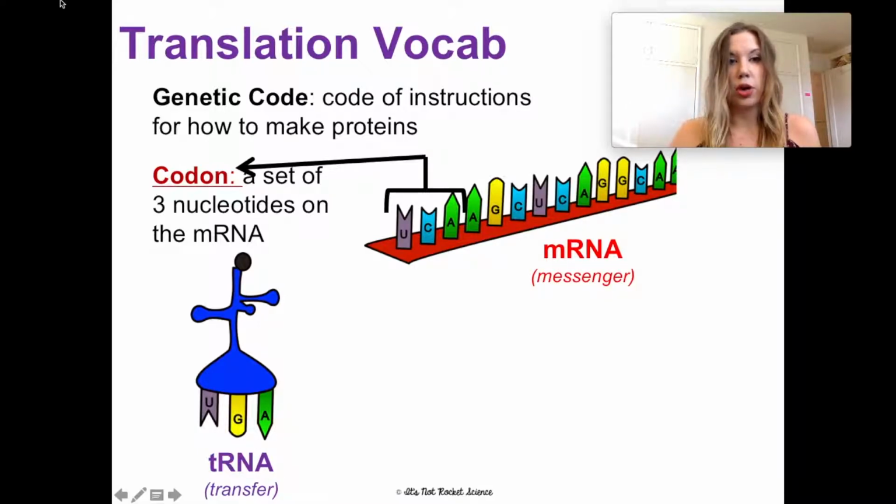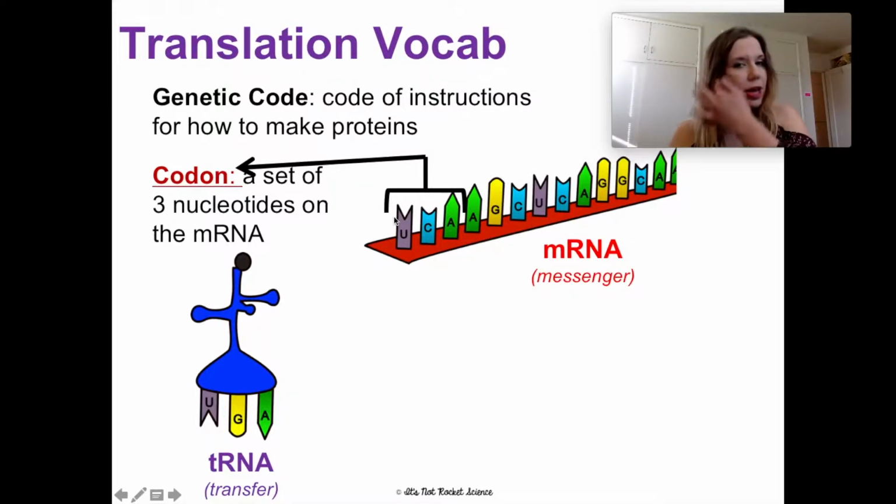So next term, codon. A codon is a set of 3 nucleotides on the mRNA. So when we say code of instructions, this whole section, translation, is about what exactly we mean by that. There are 20 amino acids that are the building blocks of proteins.